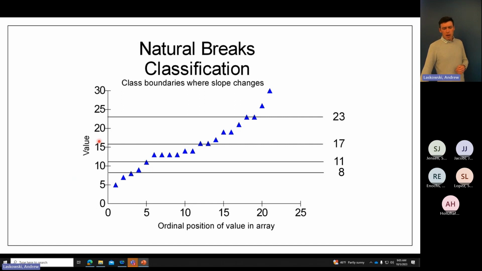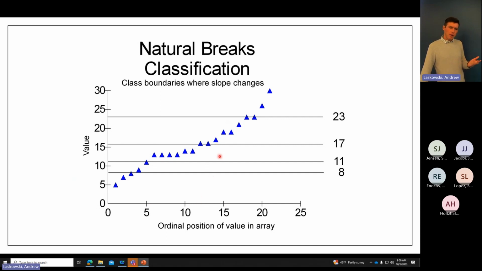If we plotted out the value based on the position, we can plot when the values are changing rapidly and when they're staying the same. So if we have a steep slope, the values are changing quite rapidly. If we have a flat slope on this type of diagram, the values are not changing very rapidly with each subsequent row.